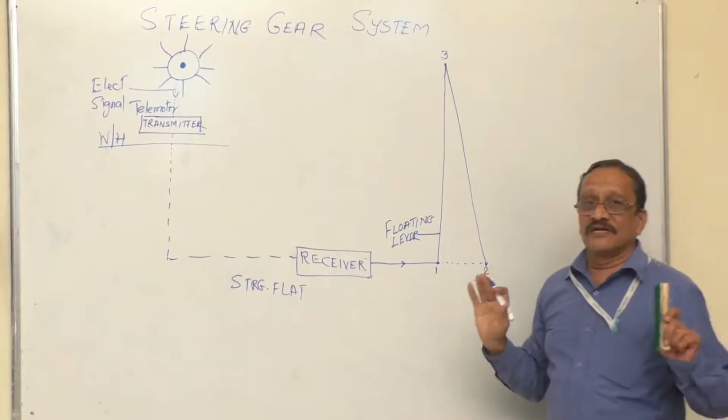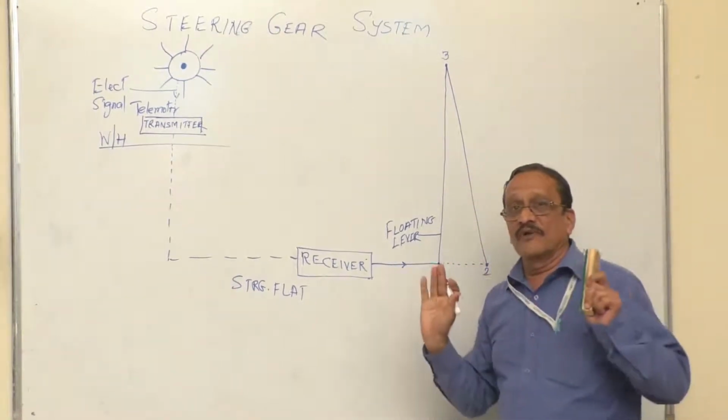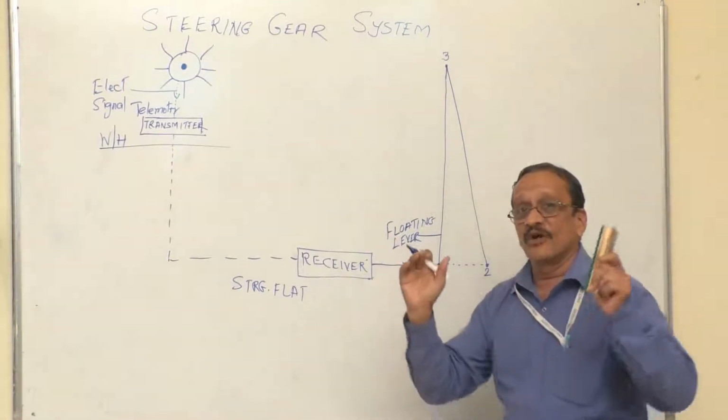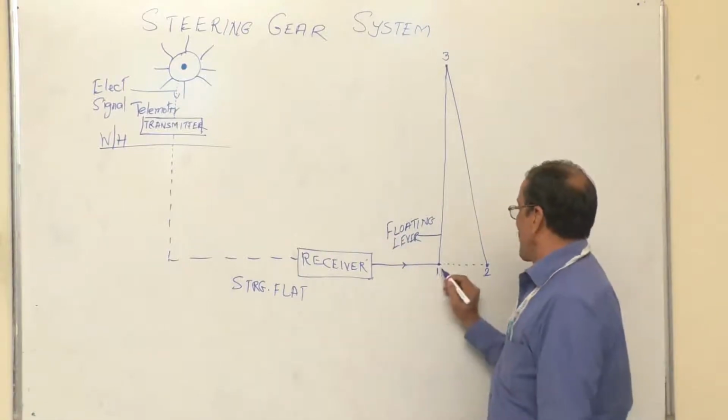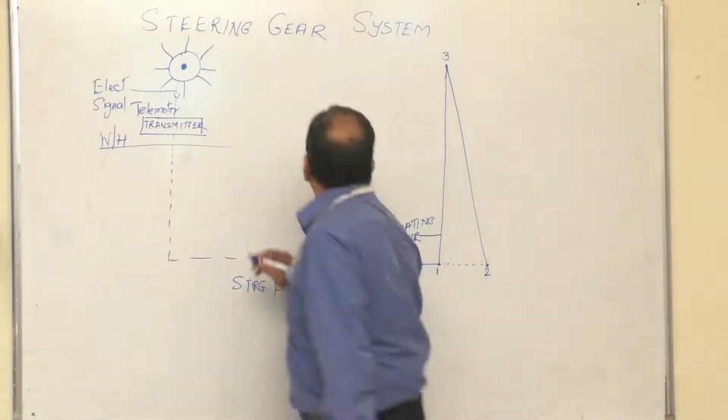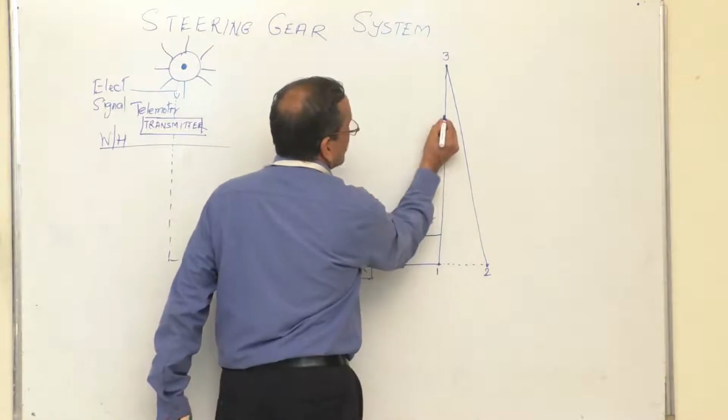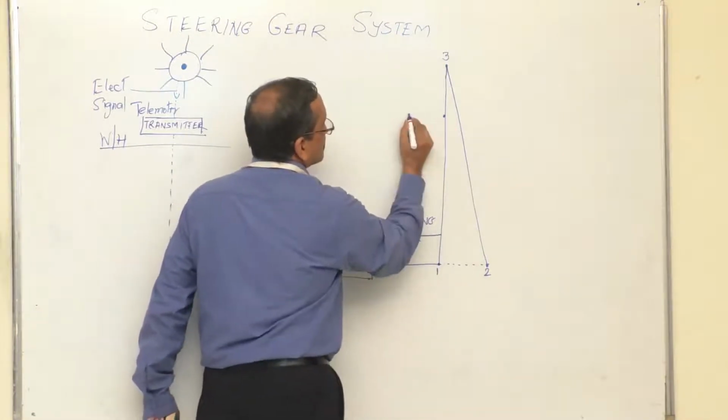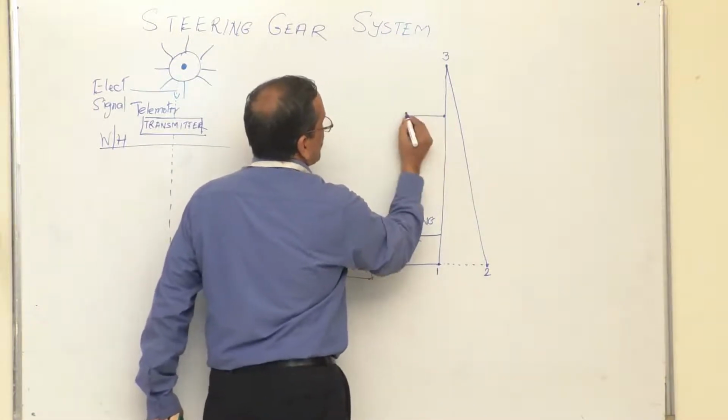Now here let us understand. We are going a little bit more complicated, so that's why I am going step by step. Once this movement takes place, at this point there is a link which is connected.